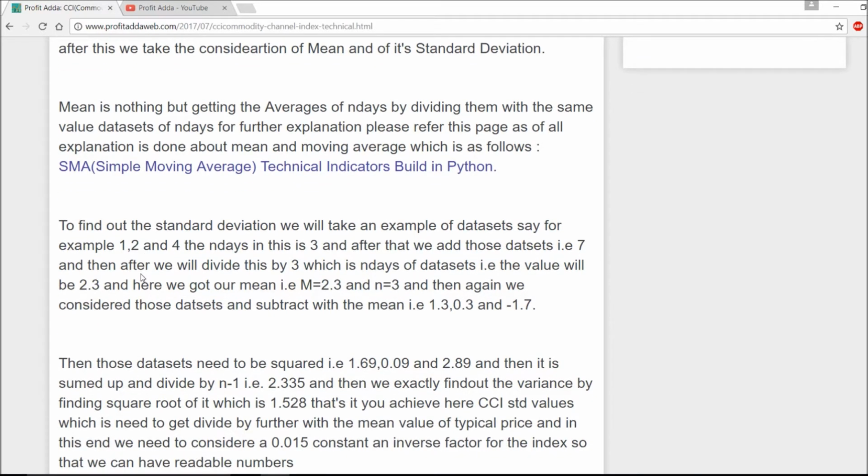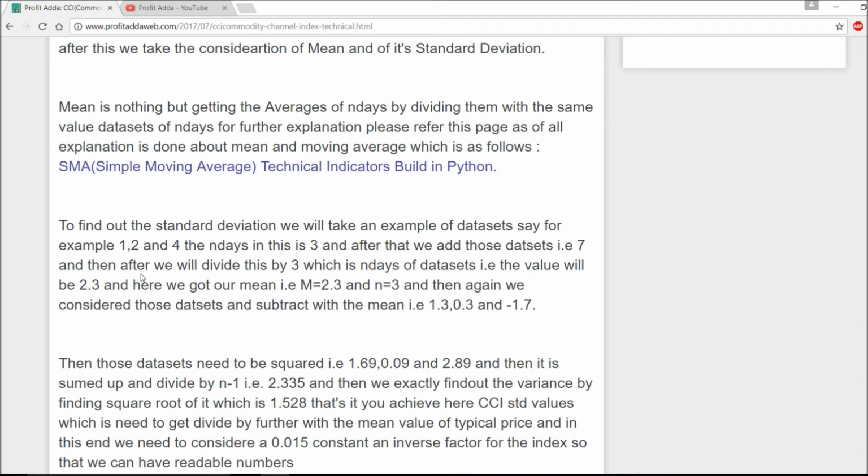The mean is nothing but simple: we add the data set, like 1 plus 2 plus 3, and divide by n days, which is 3 here since there are 3 elements. So we get the average value, and we can consider this the mean value.